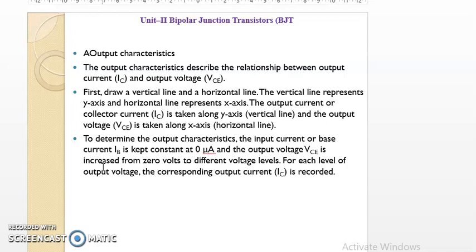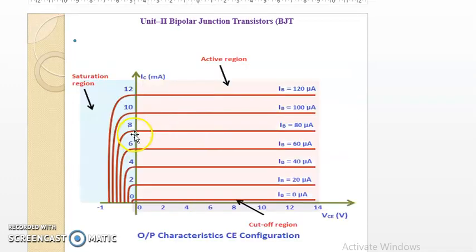Output current IC is recorded with the corresponding values of collector emitter voltage, and the curve is to be drawn with the help of the recorded readings, and it appears like this.